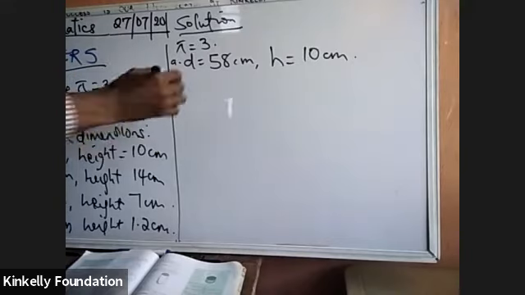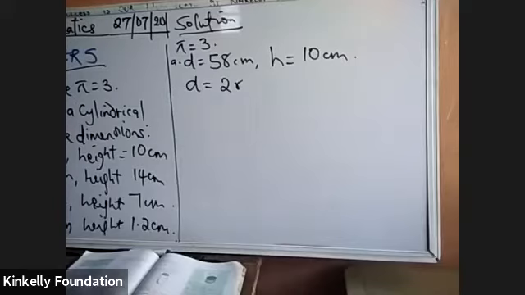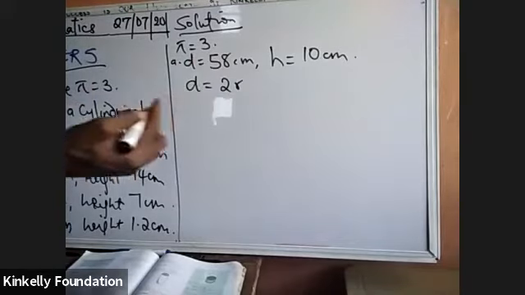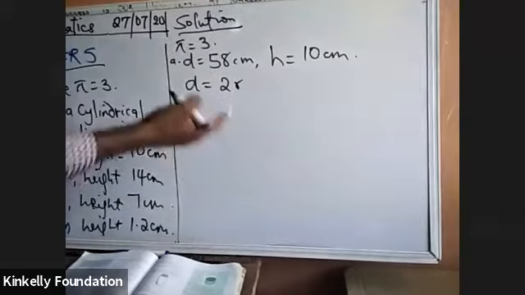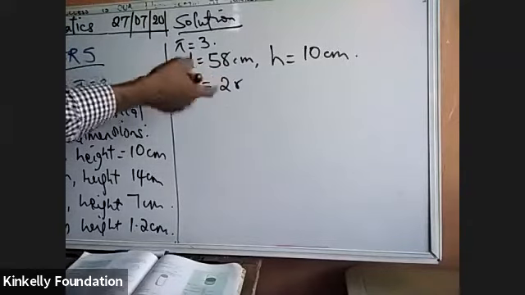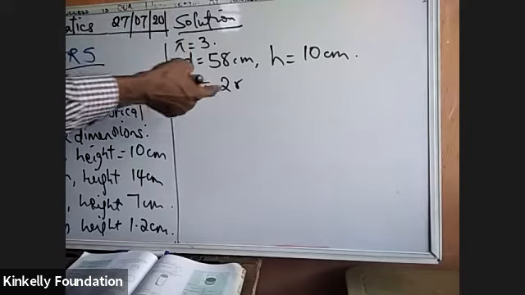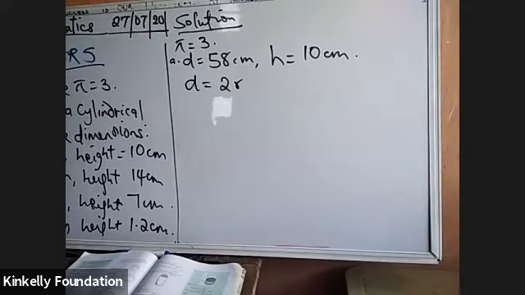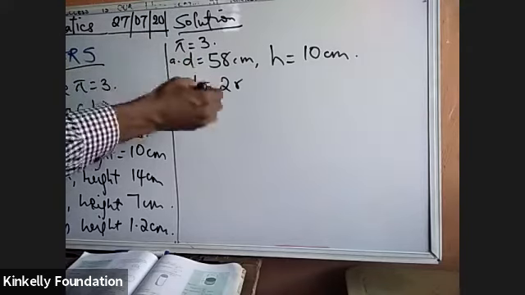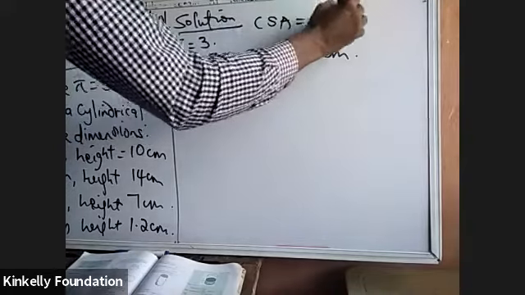Diameter is what? D is 2r. If you want to have your diameter as this, or maybe you want to use your radius by dividing this thing by 2, you are free to do so. And recall that the CSA formula is equal to 2 pi r h.